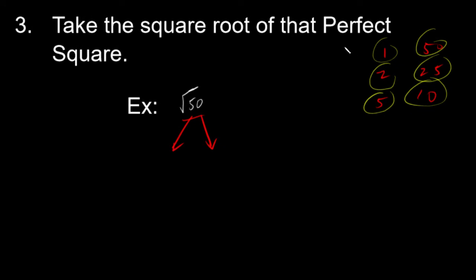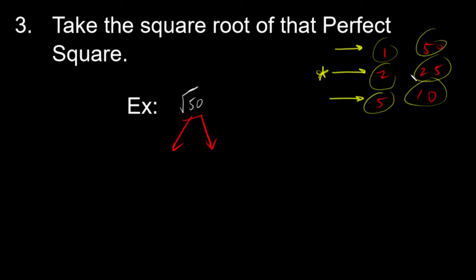So you want to choose one of these factor pairs where you know the square root of one of these numbers, and not 1, because that's not helpful. You don't know the square root of 50. It's not a whole number. You don't know the square root of 2. That's an irrational number. We do know the square root of 25. So this is the one we want to choose. You choose this factor pair because you know the square root of one of the components.